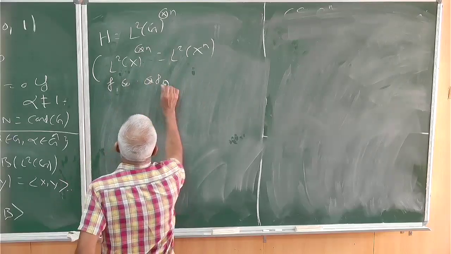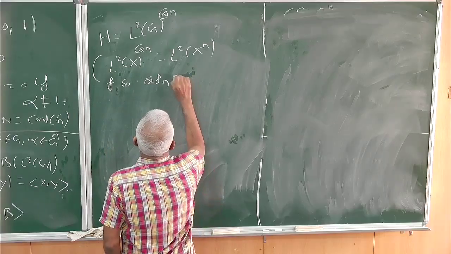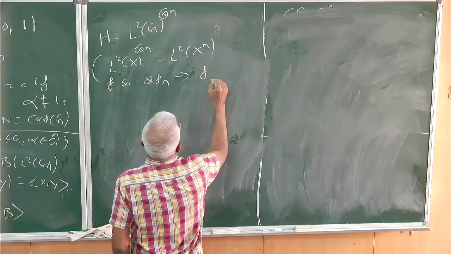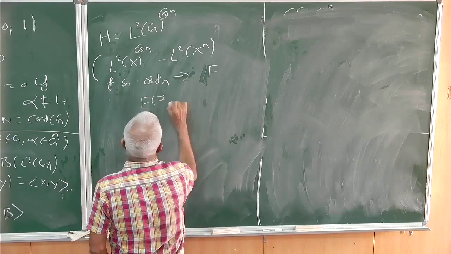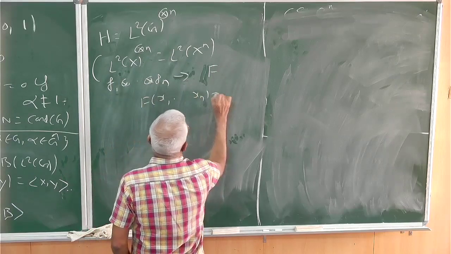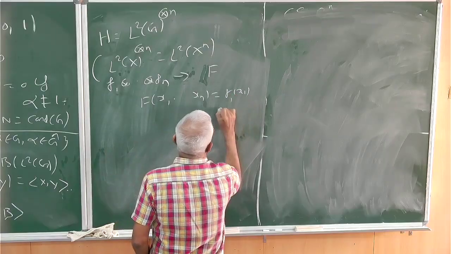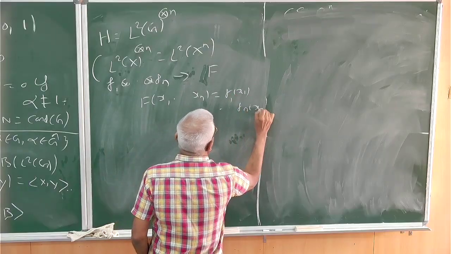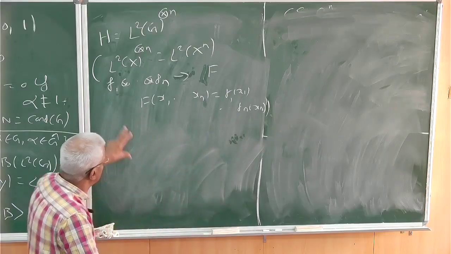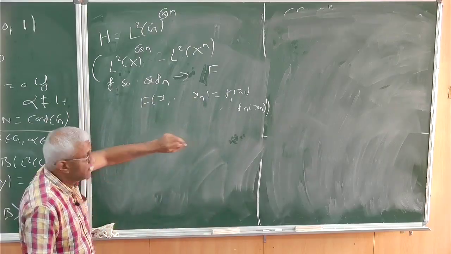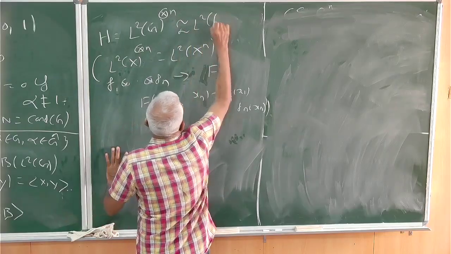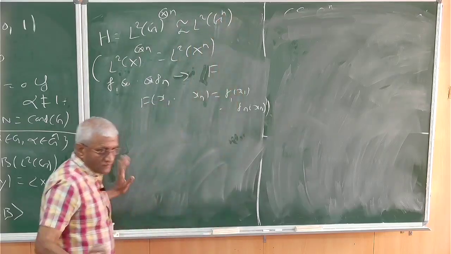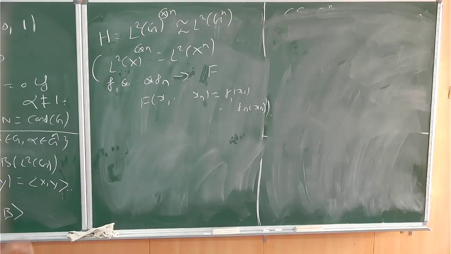So F1 tensor up to Fn will go to the function F, where F at X1 up to Xn is F1 of X1 times up to Fn of Xn. With respect to this, you can verify that this is a unitary, and that is an identification of this with L2 of G to the n. Both you can identify.